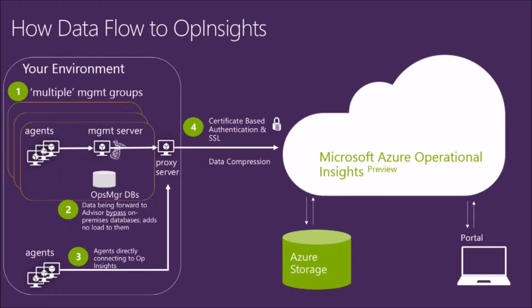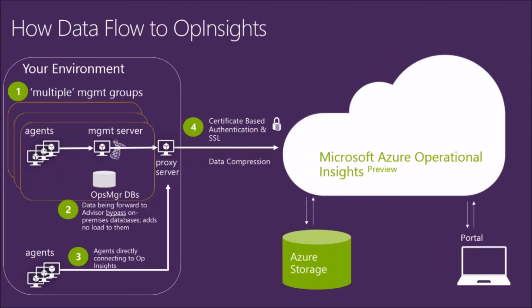Now, when the data starts getting sent to Operational Insights, we ensure that the agents or the management server are talking to our cloud service in an authenticated and authorized fashion. So we basically send down a certificate to your on-premise system automatically.